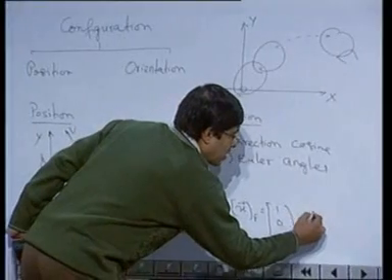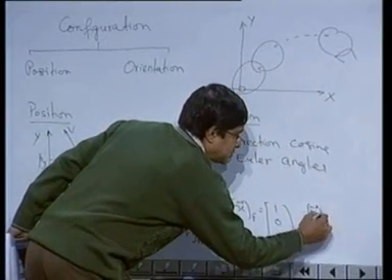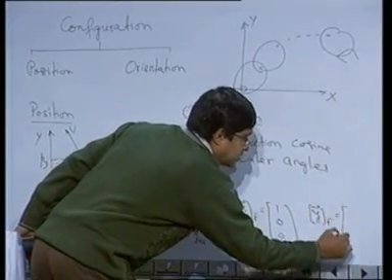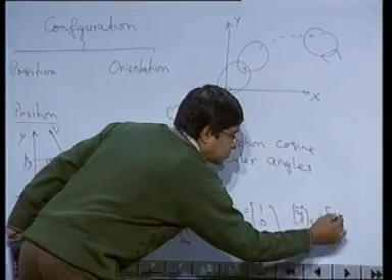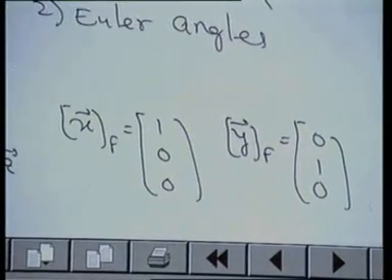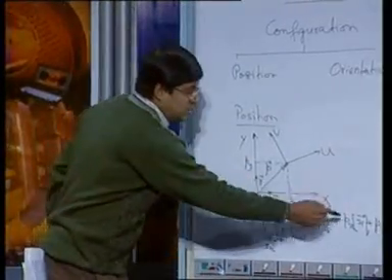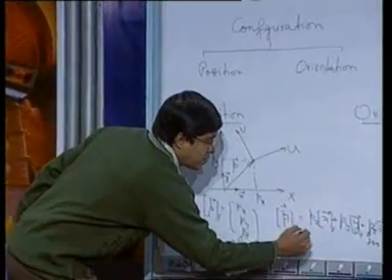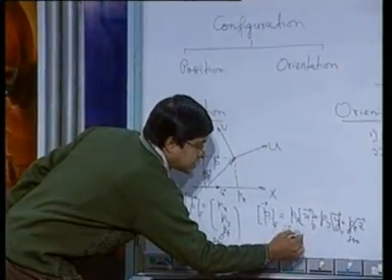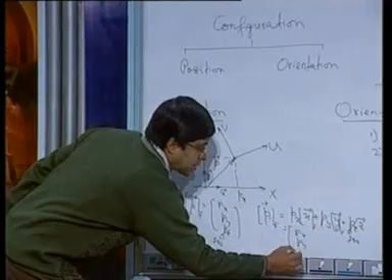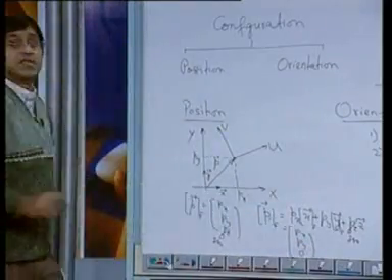Similarly, y in f has 0 1 0, meaning no component along x, 1 along y and 0 along z. If you substitute those values in these equations, you end up with P x, P y and 0, which is the same thing.